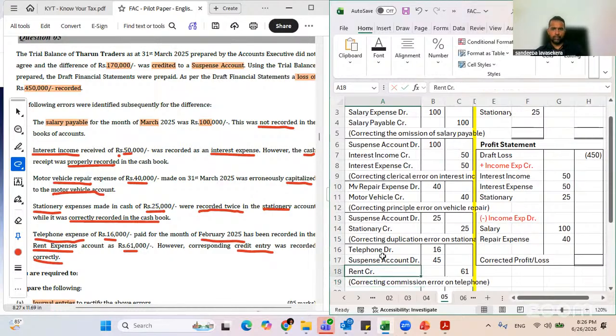Right. So the suspense gets debited 45 as rent. Telephone debit means minus. Telephone, rent, credit means plus 61.